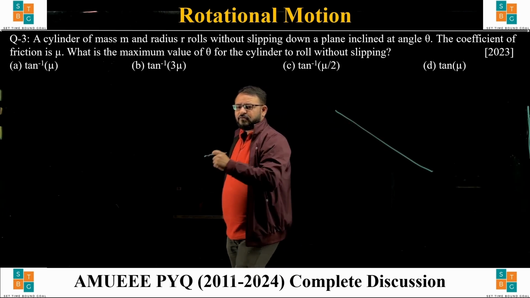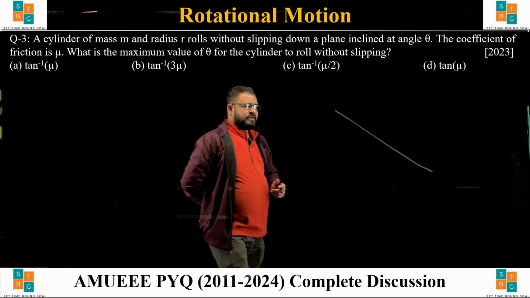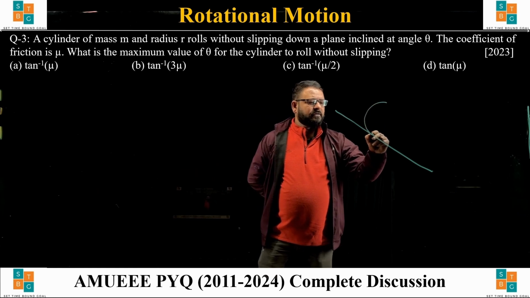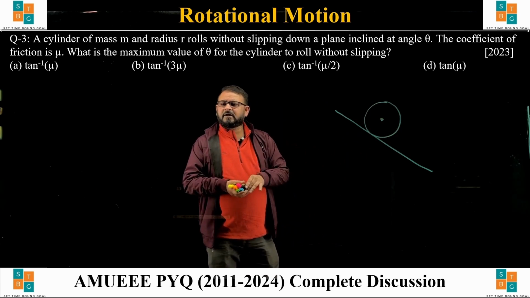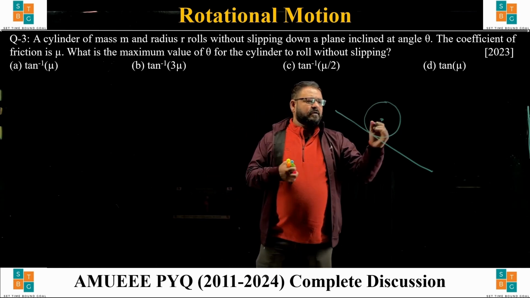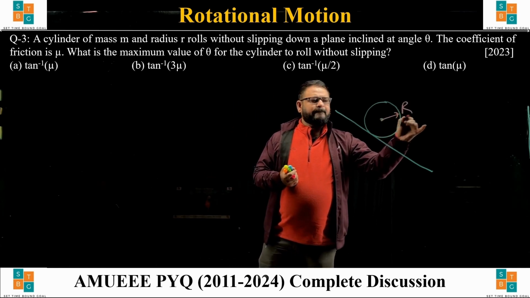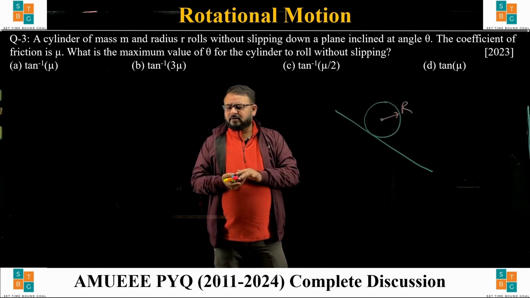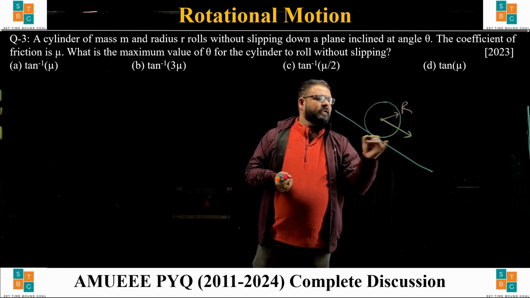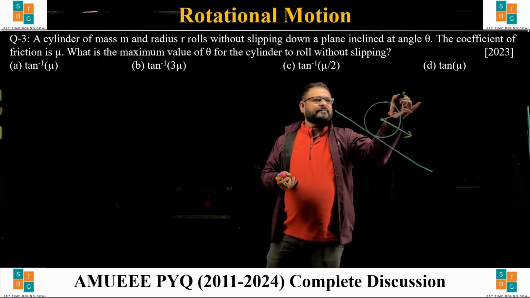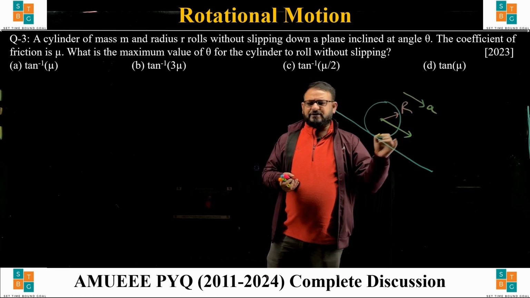First we make a beautiful diagram, and now here is our rolling cylinder. All right, it has some radius, let's say r, and there is a coefficient of friction. Now this thing moves down the hill, and we can take it moves down with the acceleration a.